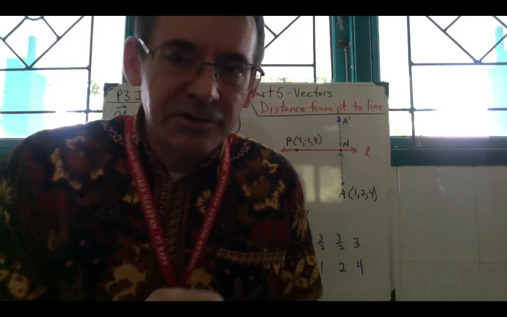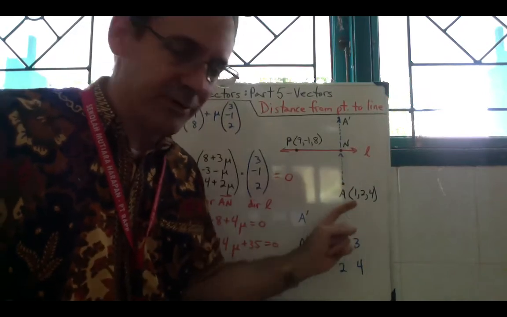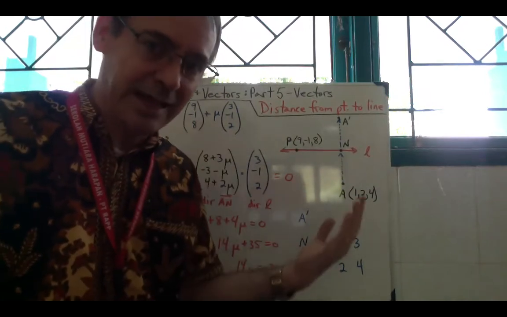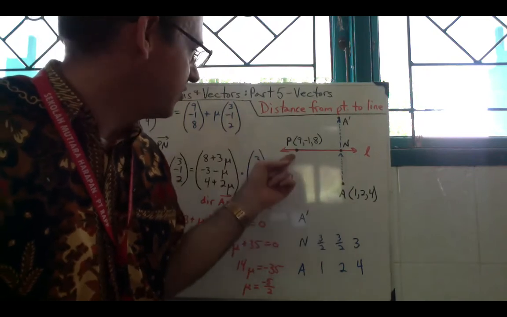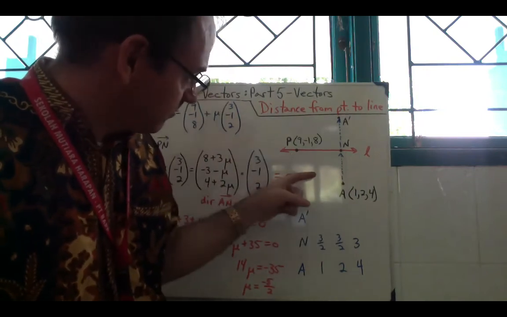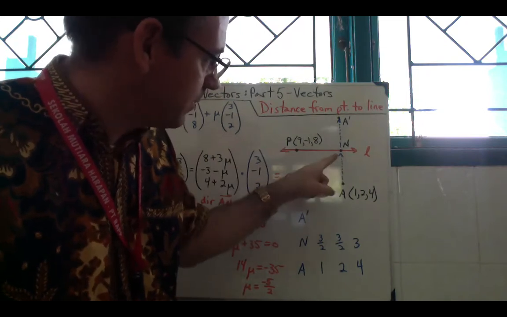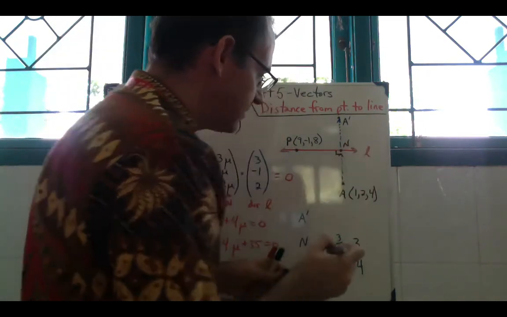So let's go back. Again, there's a lot of similarities. You have a line and you have a point. This time they call the point A instead of P. So this is A, so I just called this one P instead. It's the point on the line. And the foot of the perpendicular is point N. That's the foot.